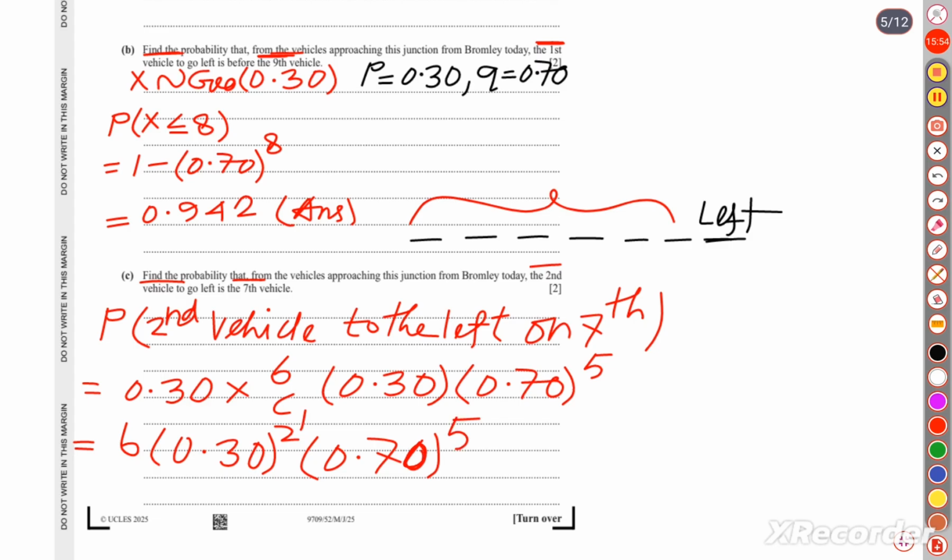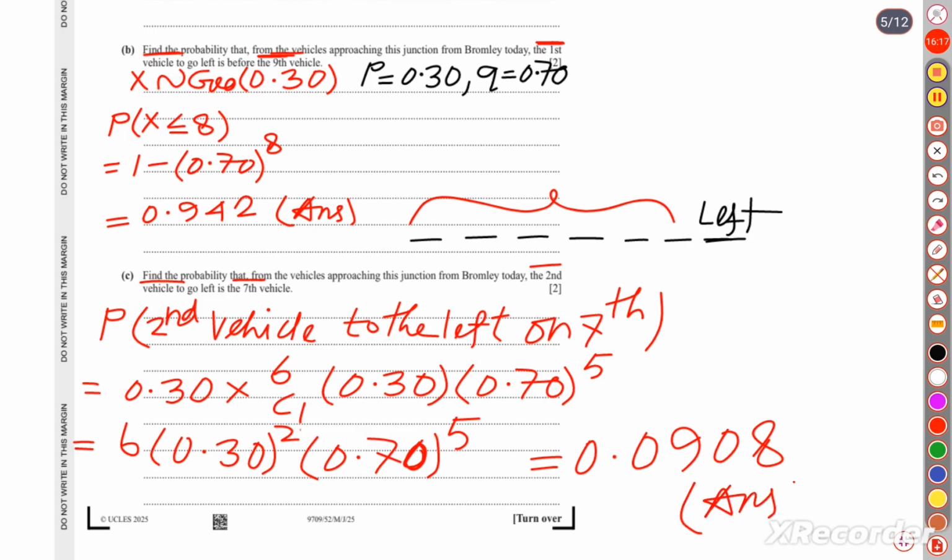And if we use our calculator, our probability is going to be 6 times 0.3 squared times 0.7 to the power 5. Then if we round it up to 3 significant figures, it is going to be 0.0908. 0.0908 is our final answer.